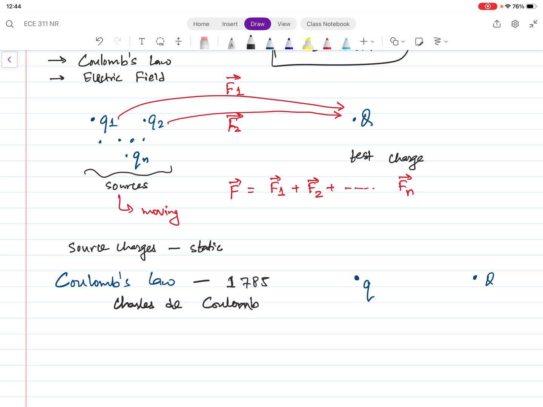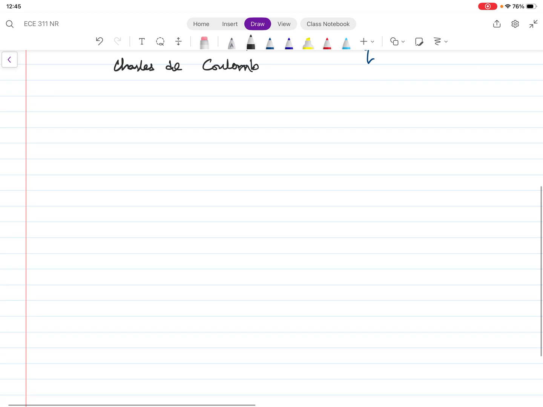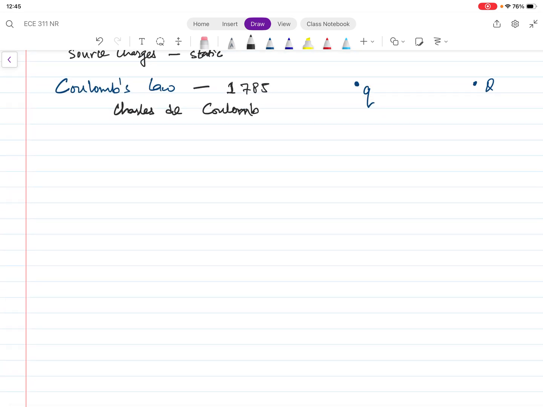A French scientist, and we'll talk about a lot of French scientists, and rightly so, because they have an immense contribution in electromagnetics. So Coulomb's law states that the force between two charges is directly proportional to the product of the two charges and inversely proportional to the square of the distance between the charges.